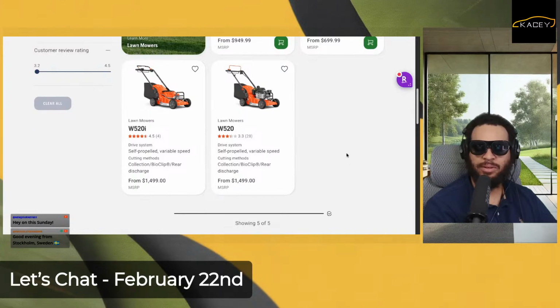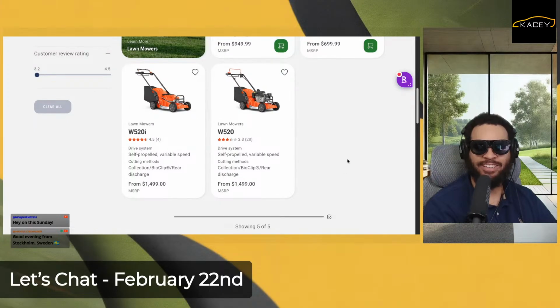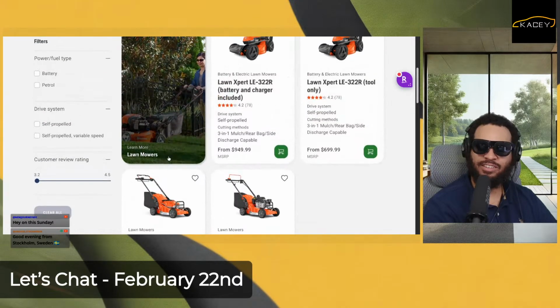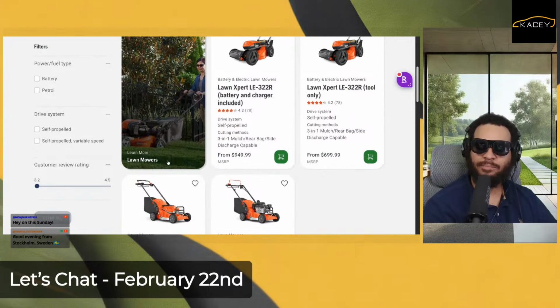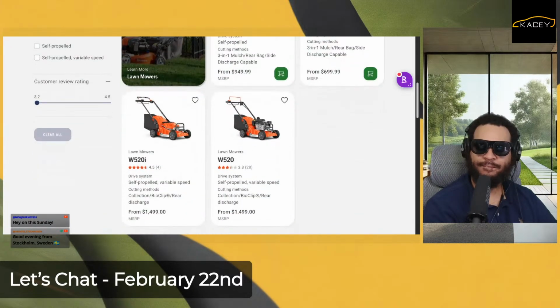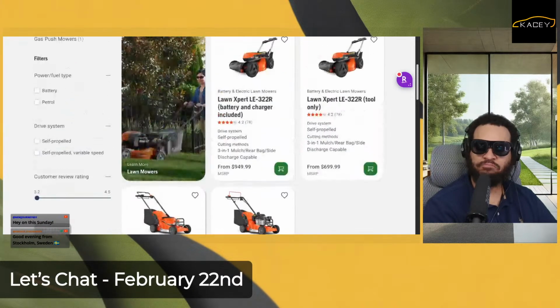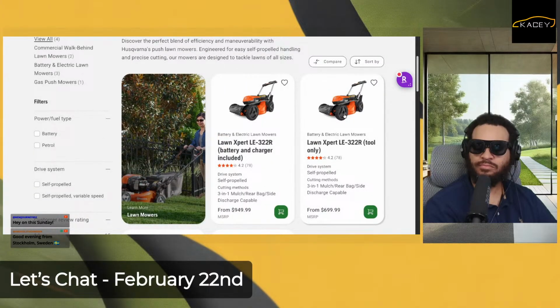Mine was like all orange. But that's electric, isn't it? Ours got a shield on it. It looks electric to me. Tool only. If you've already got their batteries, you don't need the whole tool.